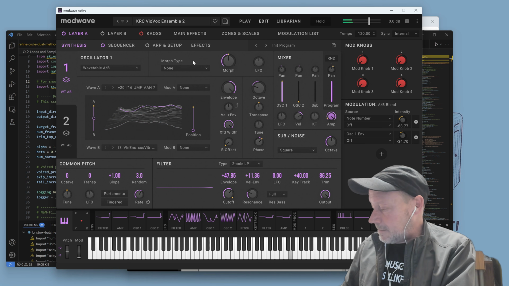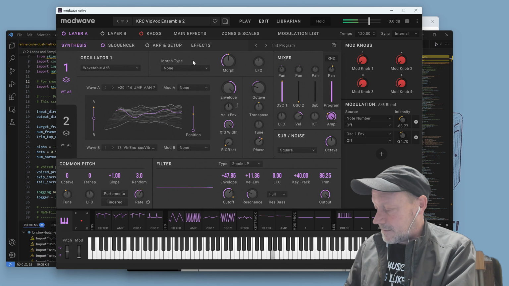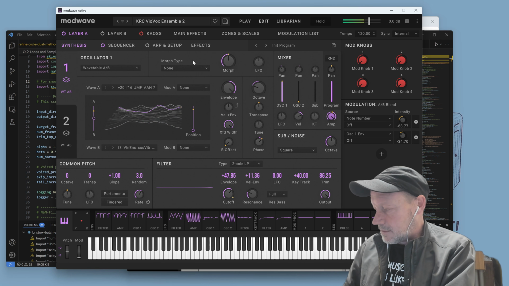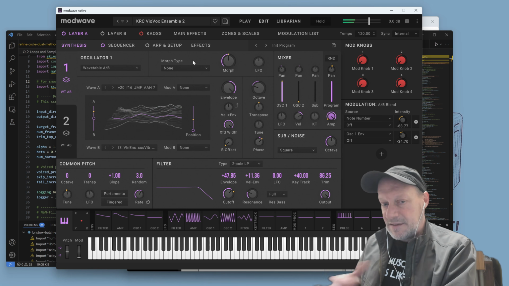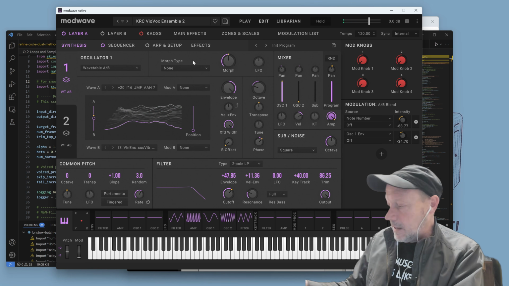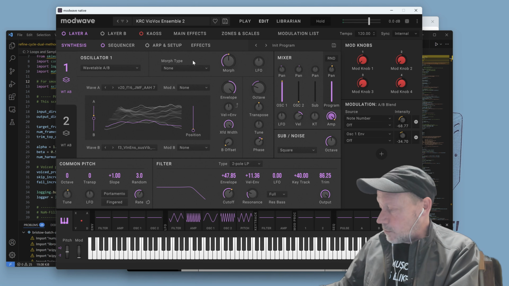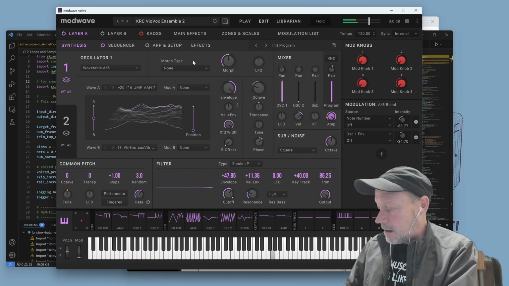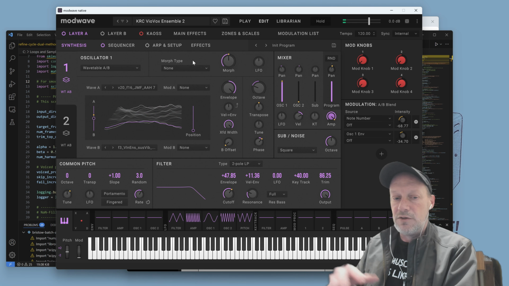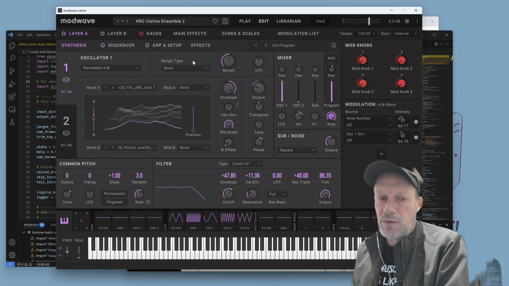And so you can hear that this sound morphs across the keyboard: lower it's a little more stringy and higher it's a little more vocal. But also over time, those two wavetables morph together in a phase-locked way.